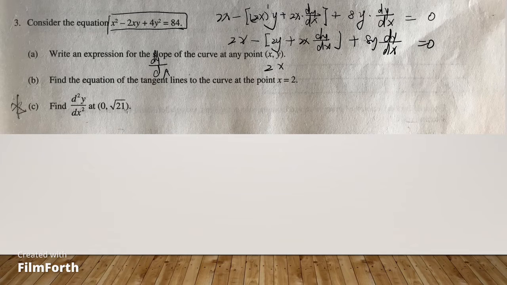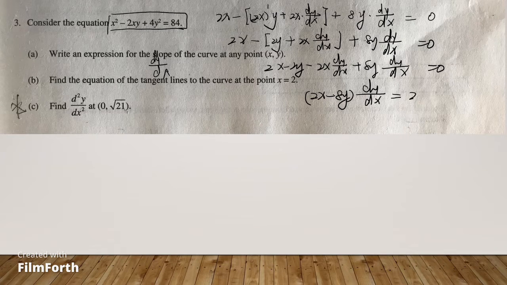So 2x minus 2y minus 2x dy over dx plus 8y dy over dx equals 0. So 2x minus 8y times dy over dx equals 2x minus 2y.